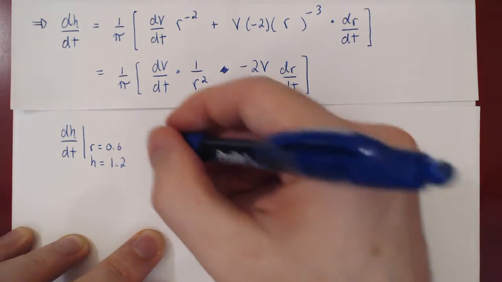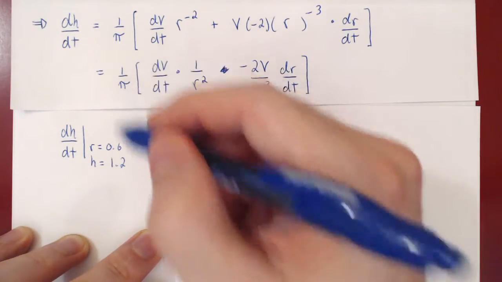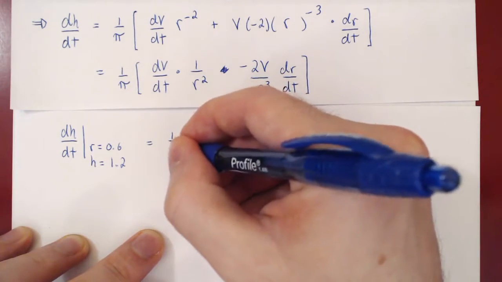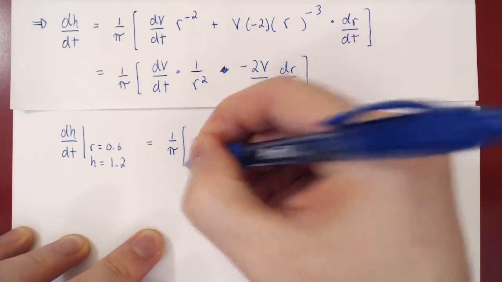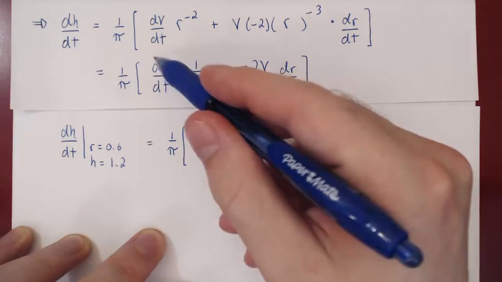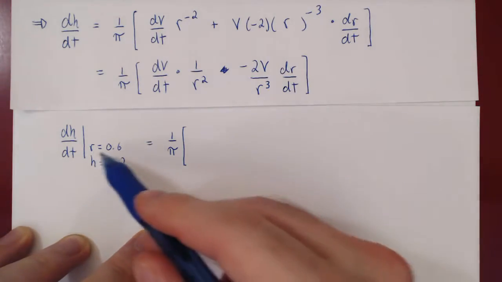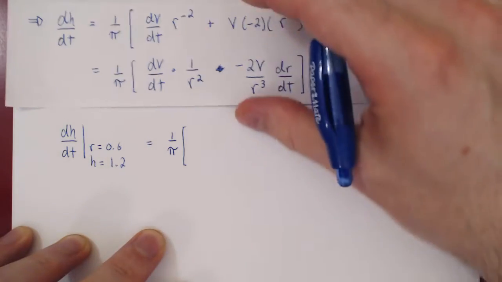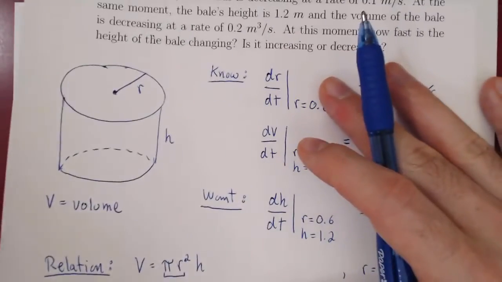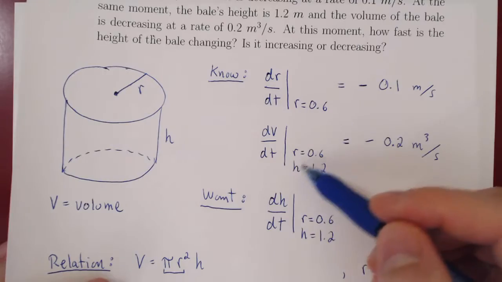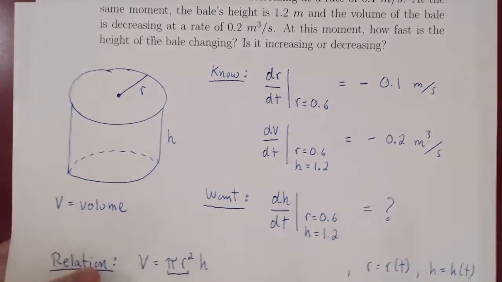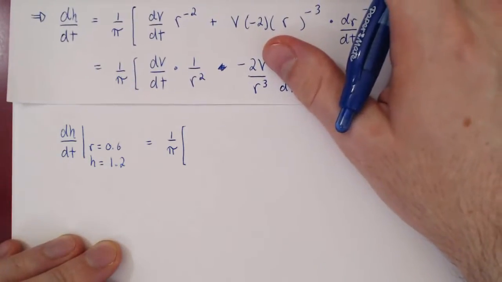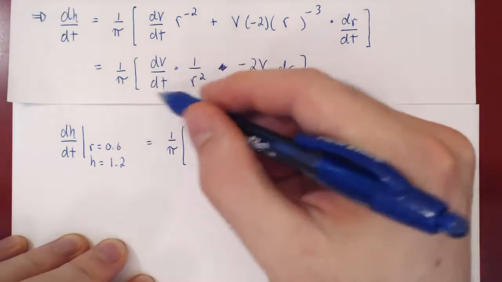So let's substitute now. 1 over pi is always 1 over pi times dv over dt, when r is 0.6 and h was 1.2. If you remember, dv over dt at this instant was negative 0.2. So this is negative 0.2.